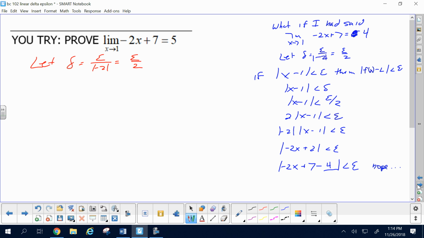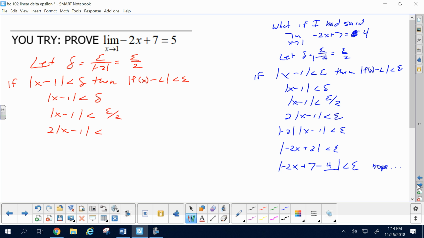Okay, sounds good. So I will show that if |x minus 1| is less than delta, then it must follow that |f of x minus L| is less than epsilon. If you start with |x minus 1| less than delta, then go |x minus 1| is less than epsilon over 2. You can see why the absolute value definitely helps you, because you don't have to switch the inequality.